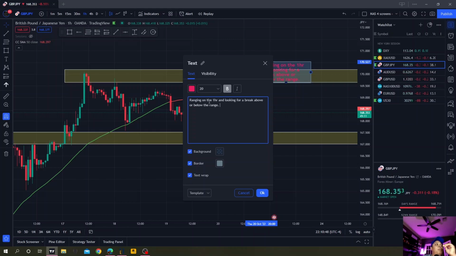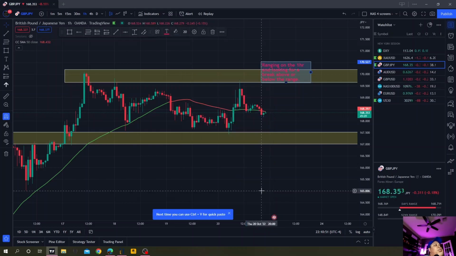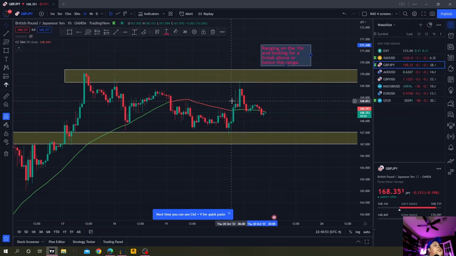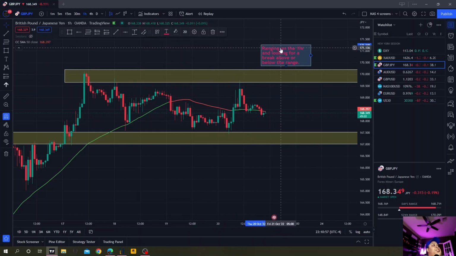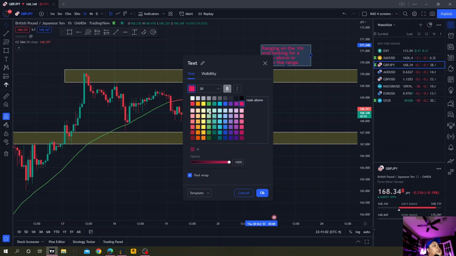So we're going to look for a break above or below the range before we decide to hop in. So it's ranging. I'll put it in yellow.